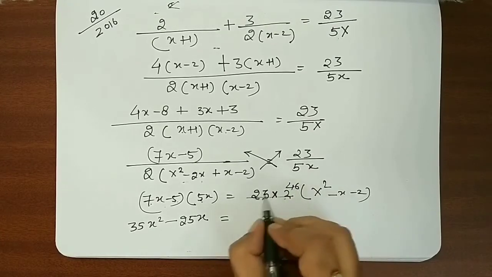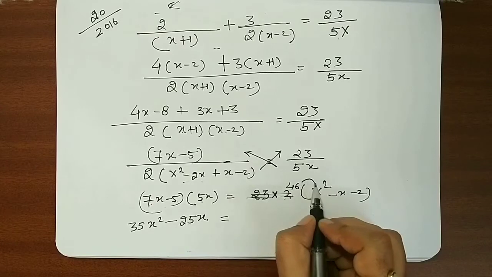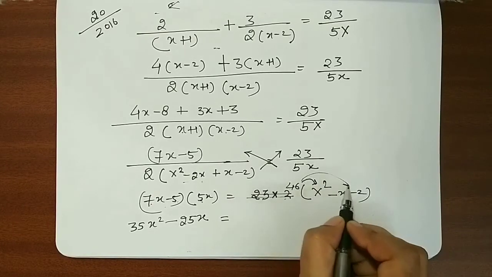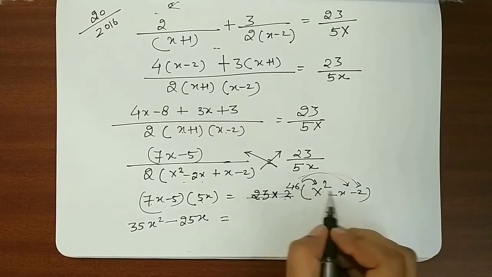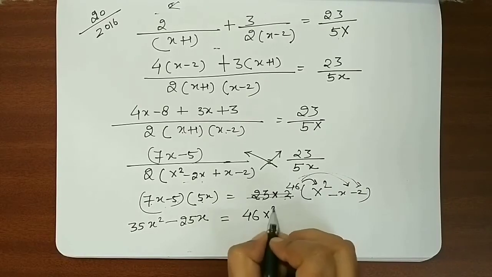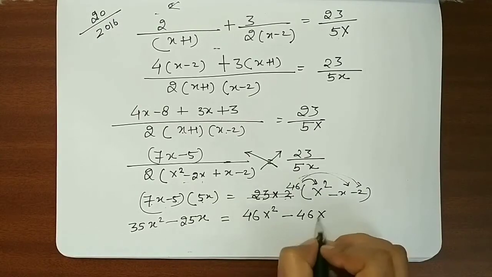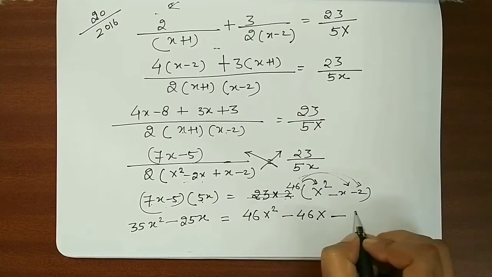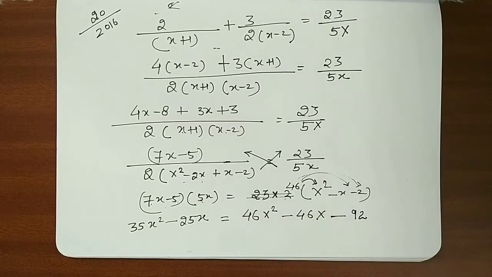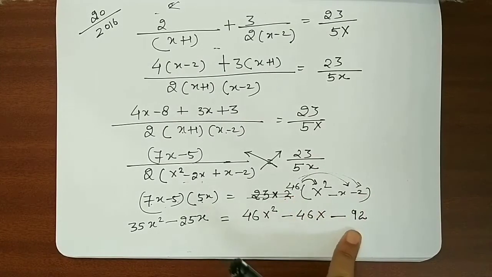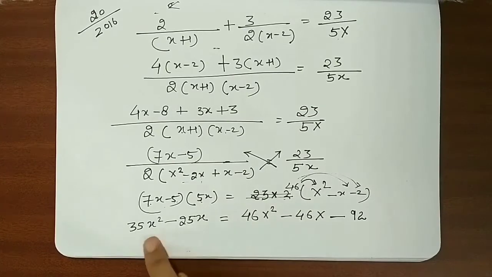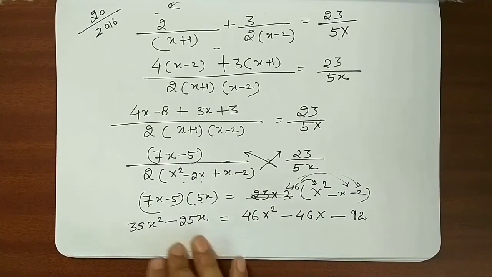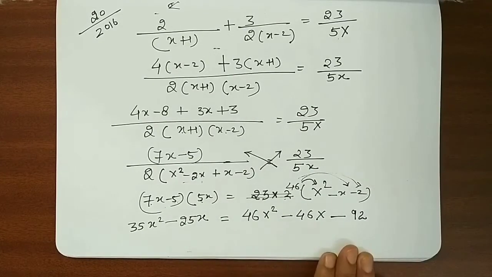I am writing here only 46, and this 46 is multiplied with this and this and this, all three. So it will be 46x square minus 46x minus 92. Okay, 46 into 2.